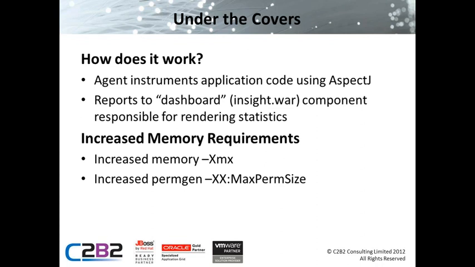These metrics are then sent to a dashboard, which is a WAR file running within your tcServer. That dashboard renders these results for you to look at, and we'll see a demo in a second. This does slightly increase the memory requirements of your application, and because of the bytecode enhancing, it can increase the permgen requirements, so you may have to change some of your JVM settings.